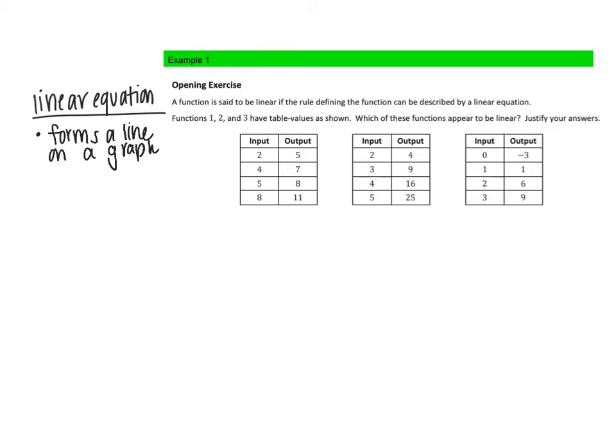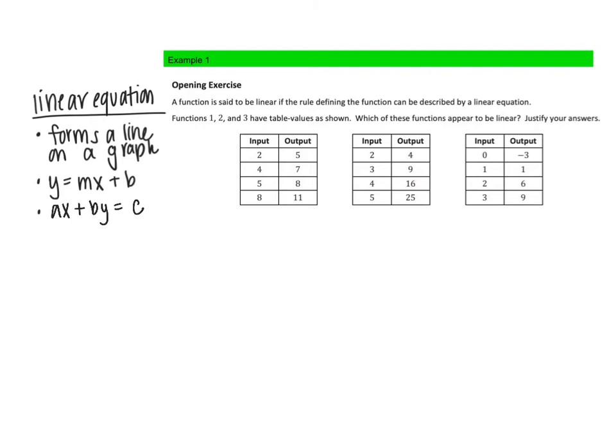Okay, we write our linear equations in this format: y equals mx plus b. This is called slope-intercept format. We also can write them in standard format, which is ax plus by equals c.